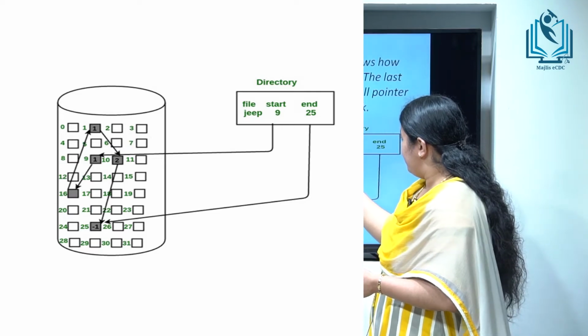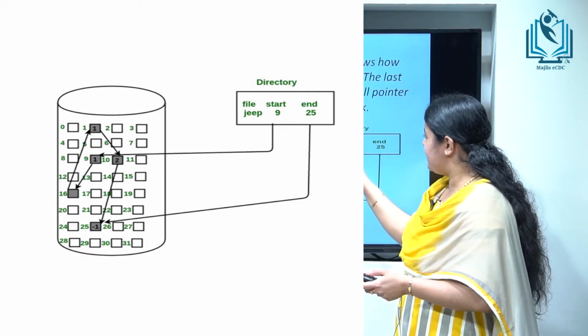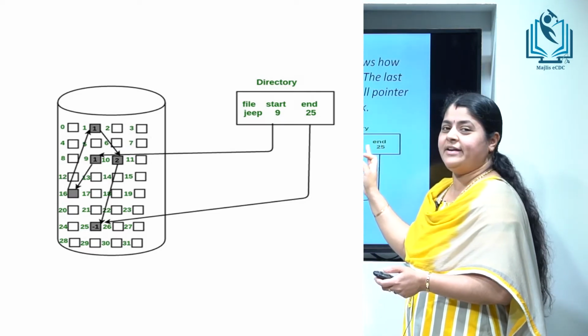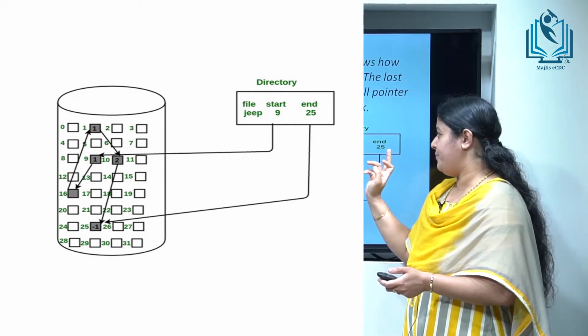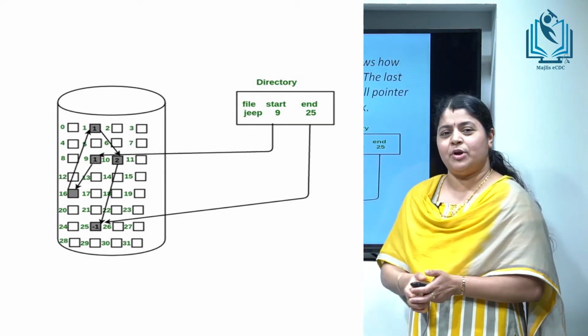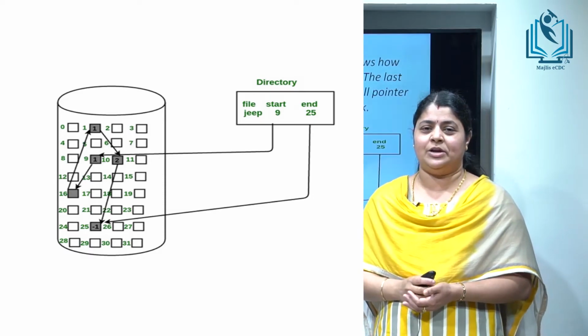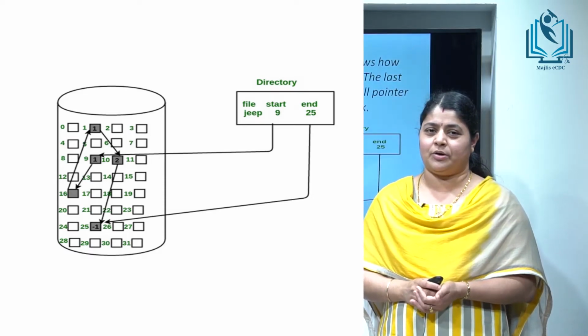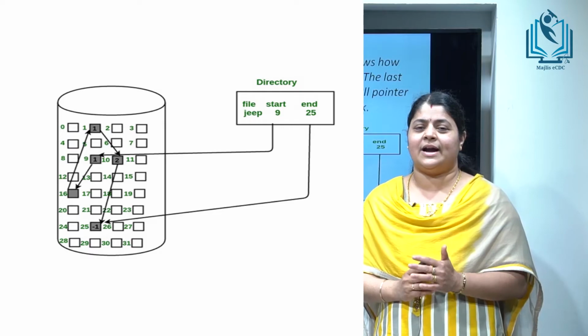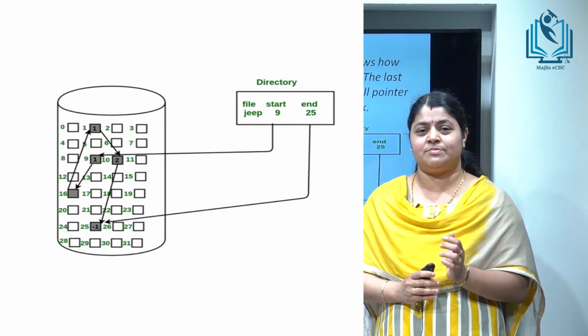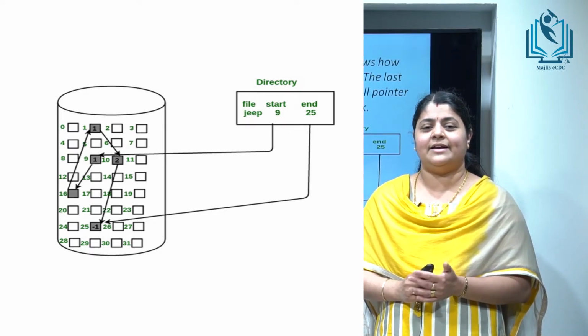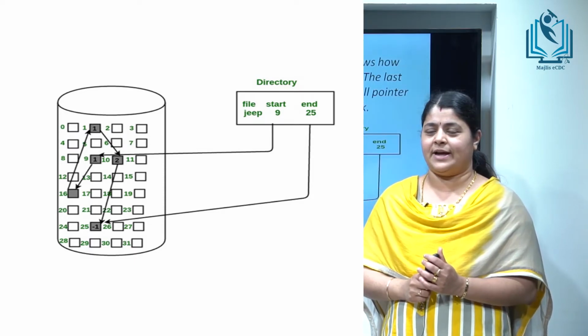For example, in a file zip, the starting block address is 9 and the ending block address is 25. In this case, each block contains a pointer value that points to the next block. The last block contains the pointer value -1 or null, that indicates the end of the file.